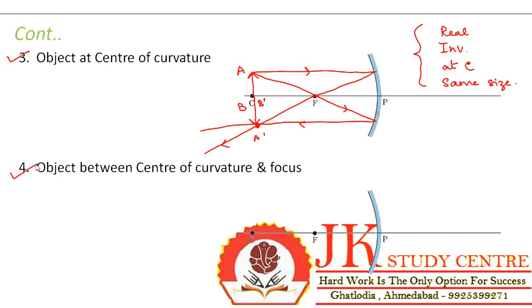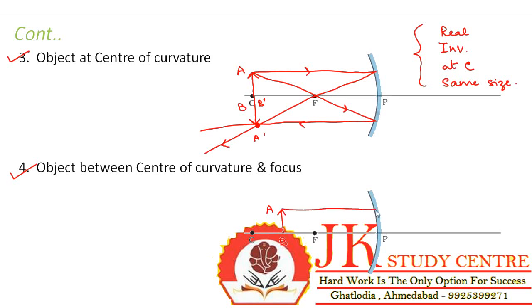Let us look at the fourth scenario where we want the object to be placed between the center of curvature and the principal focus. So now the object is still nearer to the mirror. So this is my object AB. So here also let me assume any two rules.